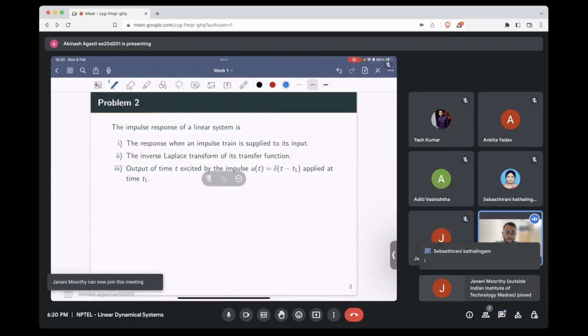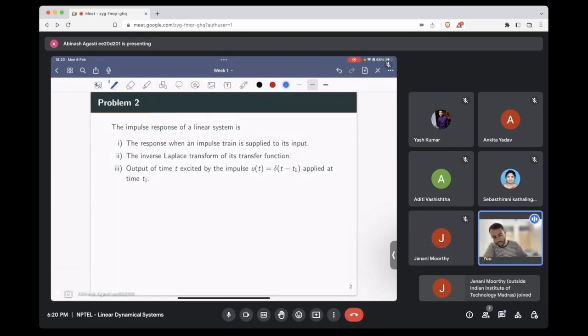So we have an answer which says bit 1. Okay. Can someone just define what the impulse response is for a linear system?